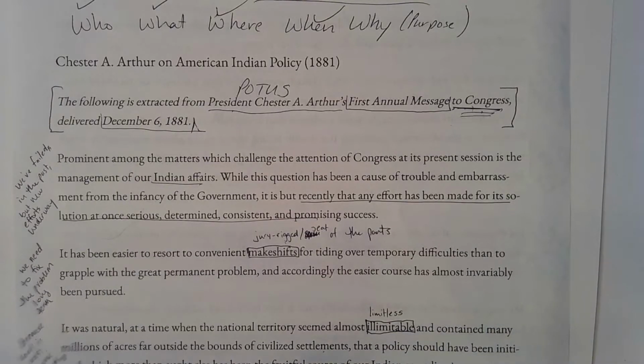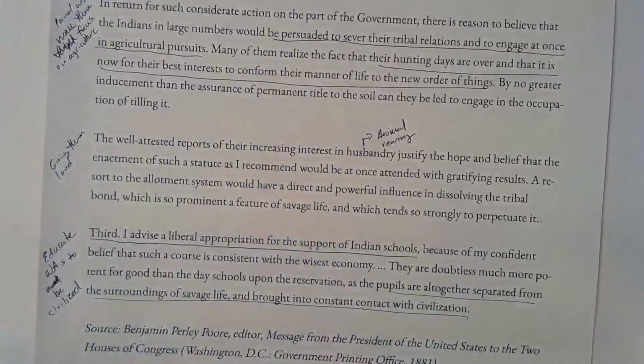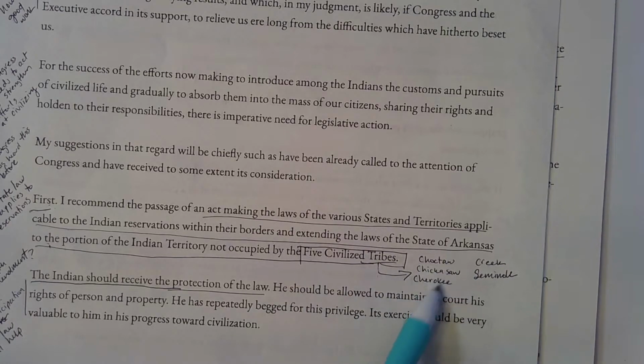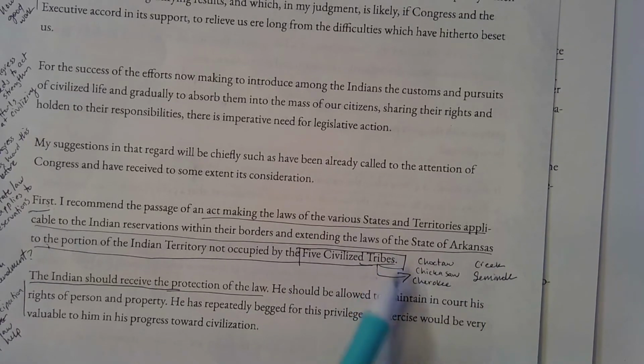Or "illimitable," or if there's a concept that I need to remind myself about, like down here where he mentions the quote unquote "5 civilized tribes," I remind myself, okay, these are the tribes that he's talking about.